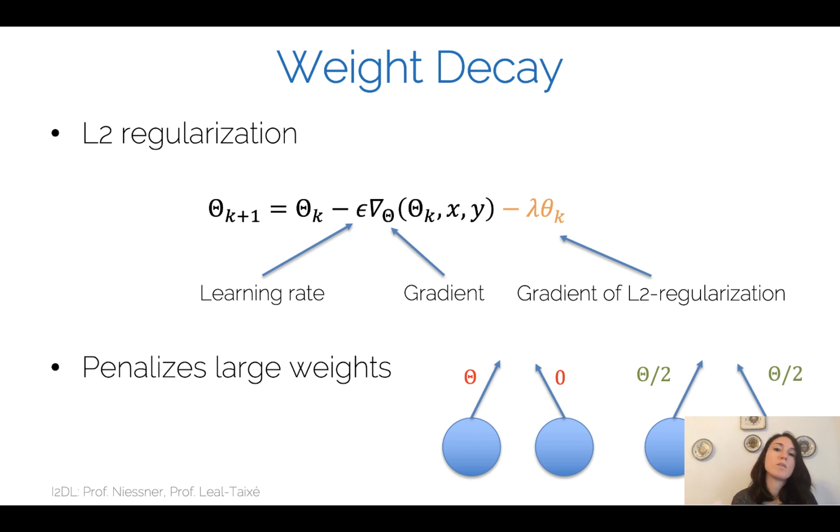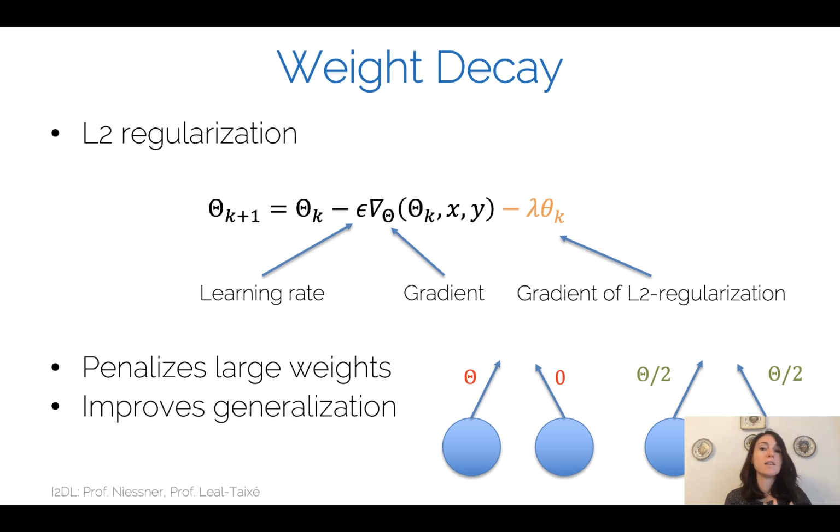So with this simple technique, weight decay, we penalize large weights, and therefore we allow this second configuration to come out in a much more likely way. And this, as I've said, really improves generalization, so really improves the performance at test time while probably decreasing the performance at training time, because of course we're adding this regularization here.